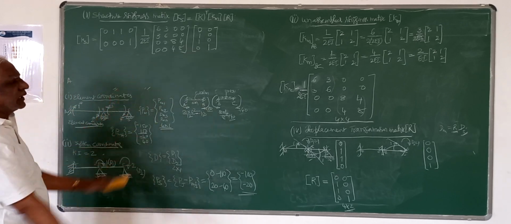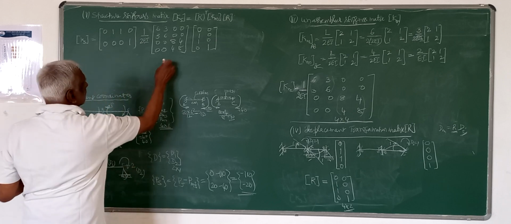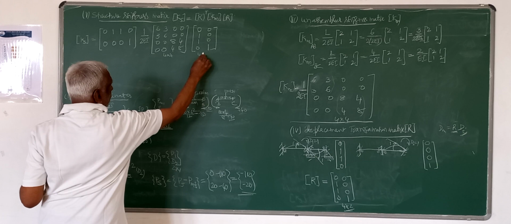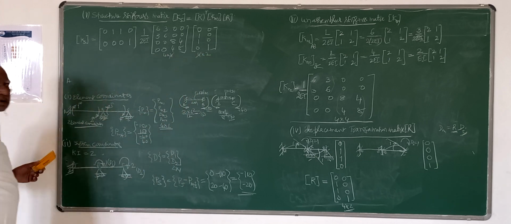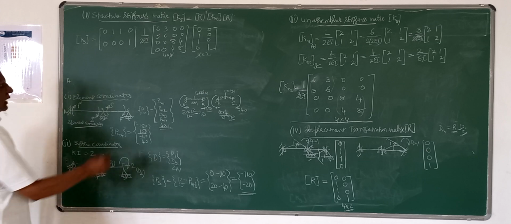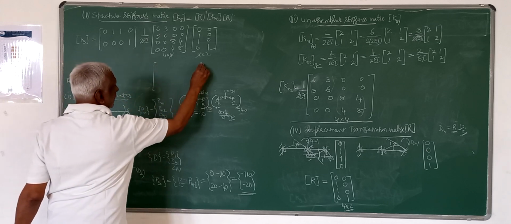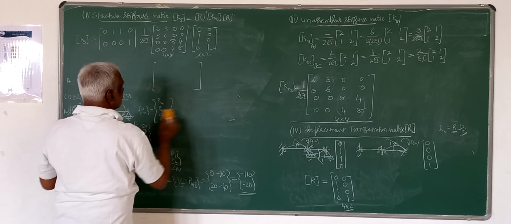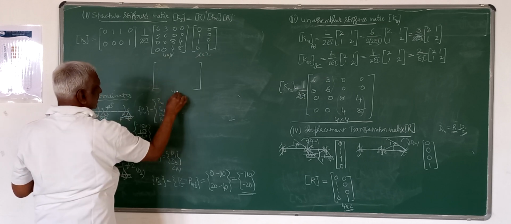So this multiplication of these matrices I do as follows. Now this is a 4 by 4 matrix. This is a 4 by 2 matrix. So column here is equal to row here. Multiplication is possible. So if you multiply this, the resulting matrix will be a 4 by 2 matrix.